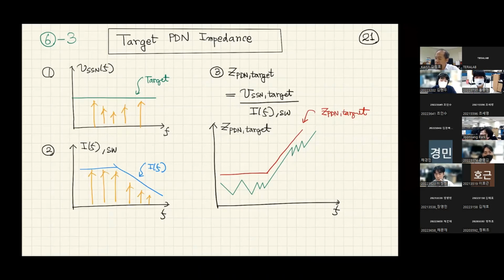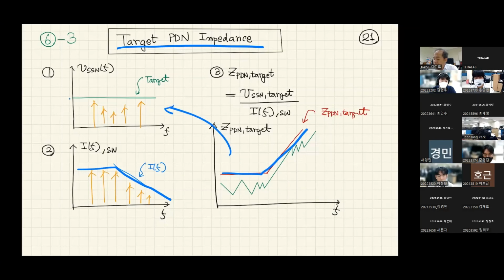Now let's take a look at a little bit about target PDN impedance. Current spectrum multiplied by impedance will be target voltage. What that means is, usually in the conventional type of target network, let's assume this is clock frequency.